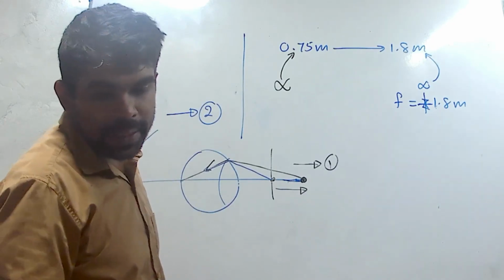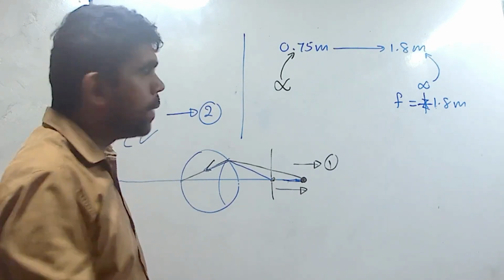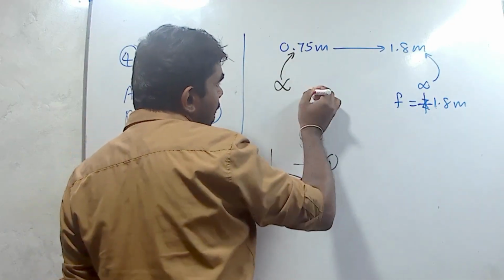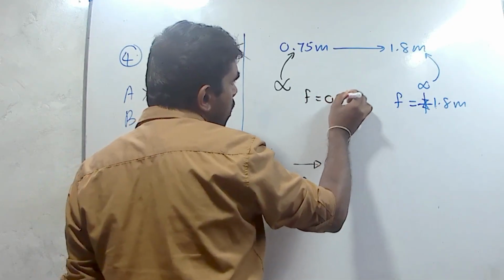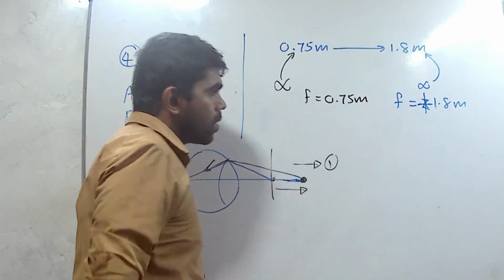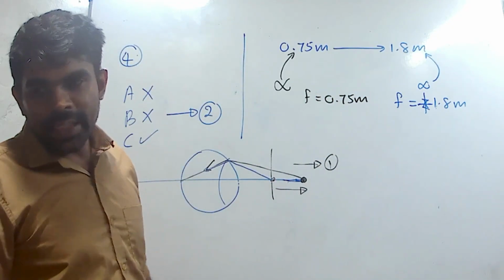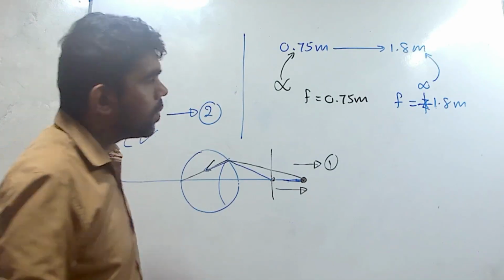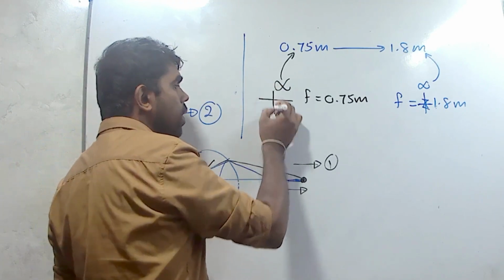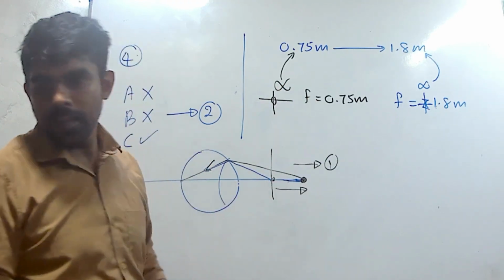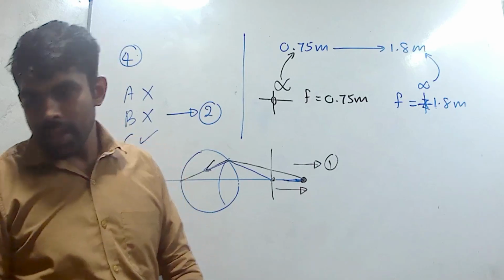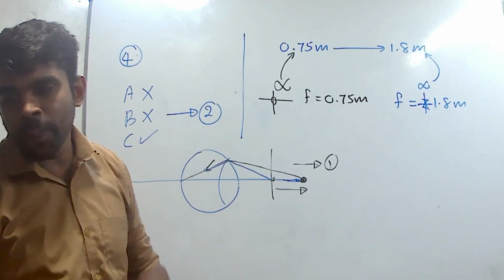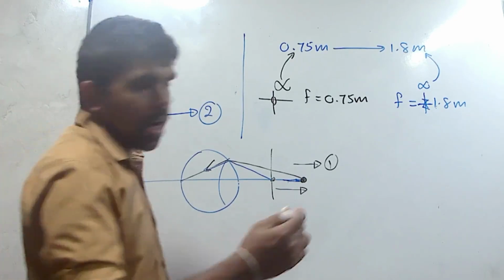To bring an object from infinity to this place, we have to use a lens with focal length 0.75 meters and it should be a convex lens. Then a convex lens of focal length 0.75 meters. Answer is 4.